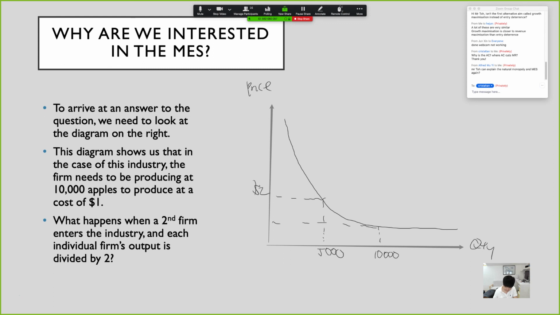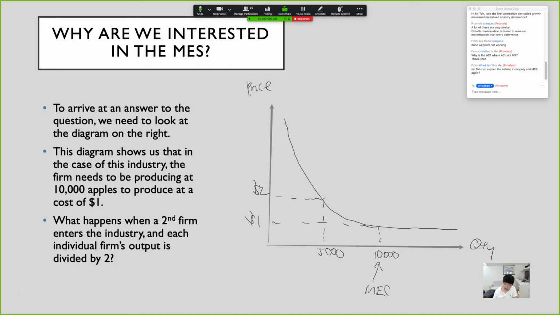In a natural monopoly, this 10,000 is what we call the minimum efficient scale. Minimum efficient scale means I want to produce at least 10,000 units, because if I don't, I won't be able to produce at this low cost of $1.